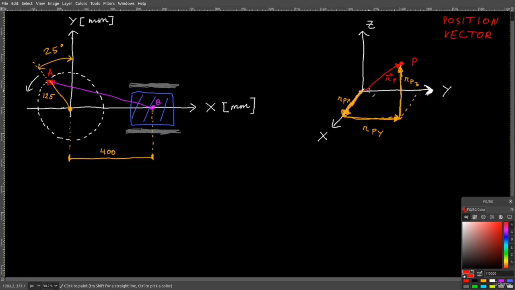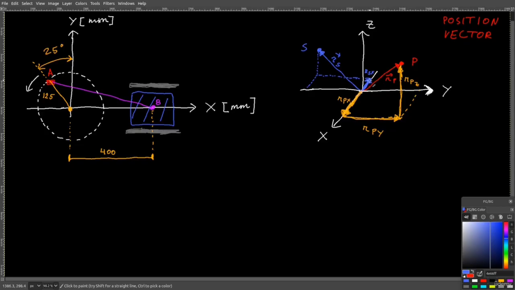The tail of that vector comes from the origin of the coordinate frame, and the head of that vector is where the point P is. But now let's define another point, and let's call it S. We draw another vector that goes from the origin of the coordinate frame till the point S. We call this vector RS. Again, we can construct this vector using three components.